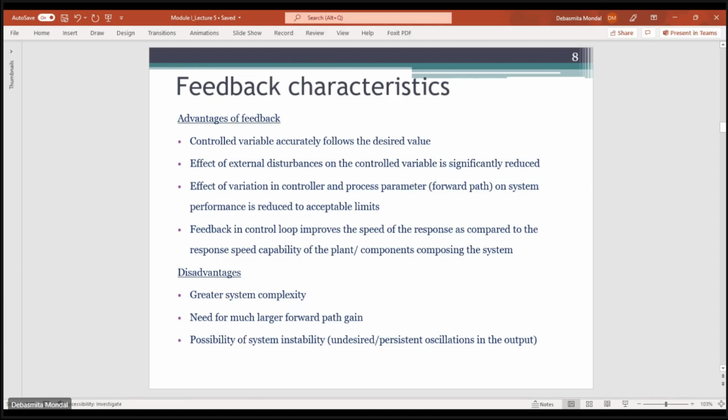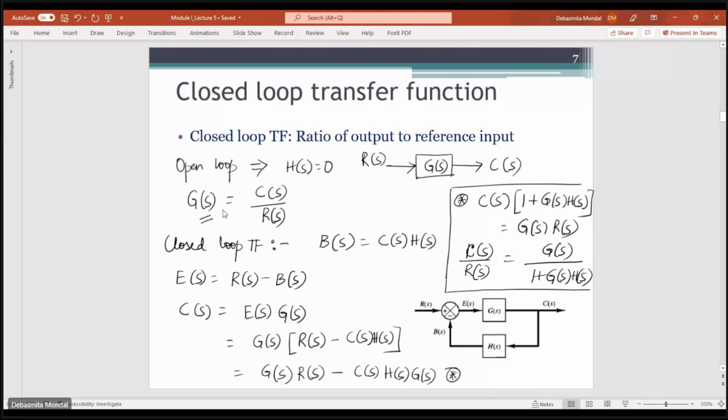Also the forward path gain is affected, because in the previous case you saw that the open loop transfer function is G(s), but the closed loop transfer function gets reduced. It is G(s) by 1 plus G(s)H(s), so it is reduced by a factor of 1 plus G(s)H(s).